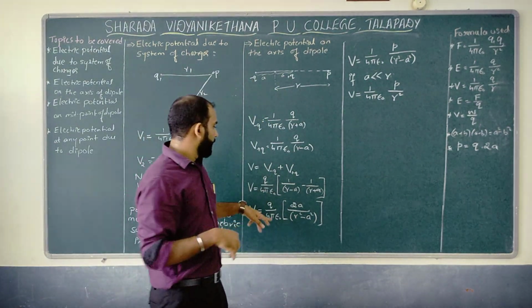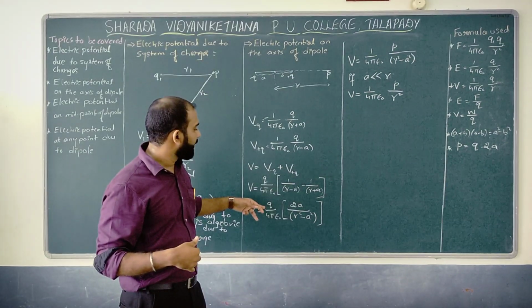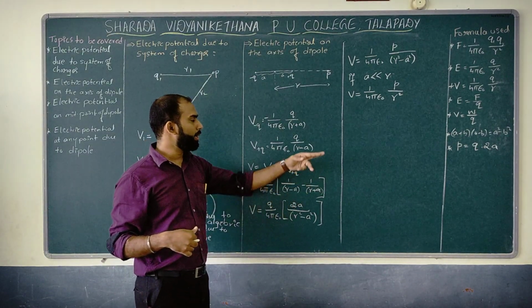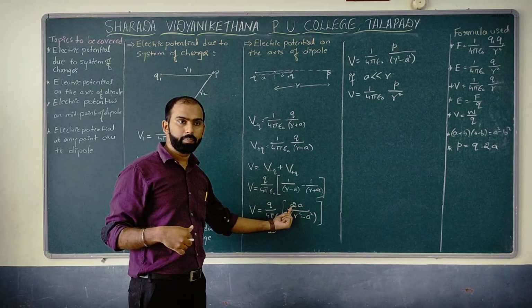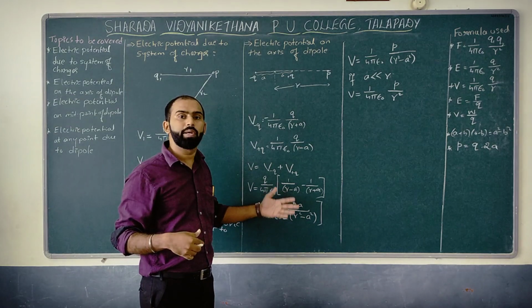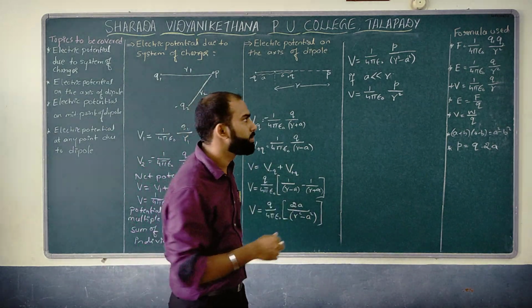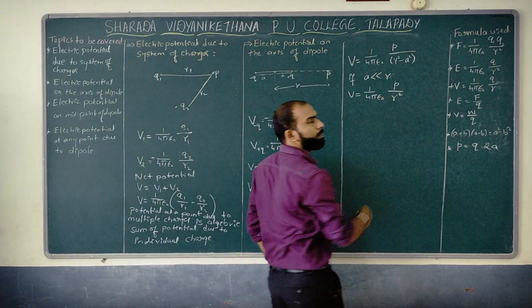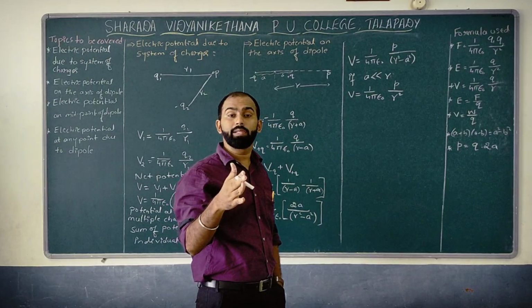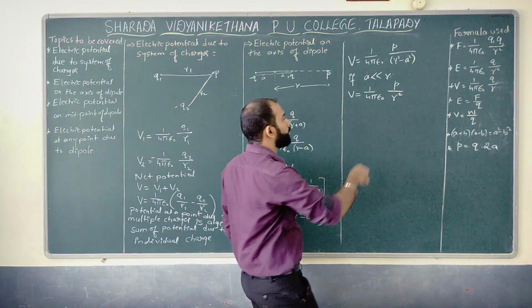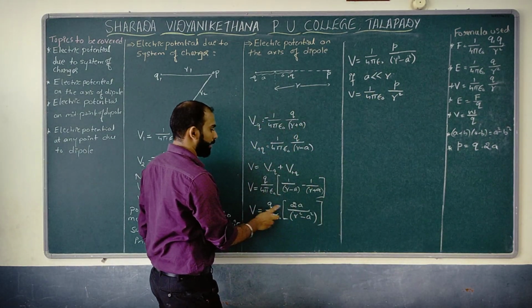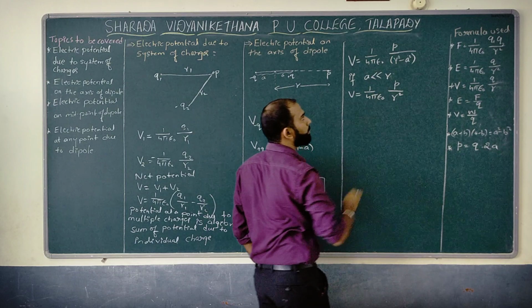That's why in the numerator, can you see the same electric dipole moment formula applied over here? That is q into 2a, which can be replaced by p, which always represents electric dipole moment. Remember this. So we have replaced q into 2a as p over here.